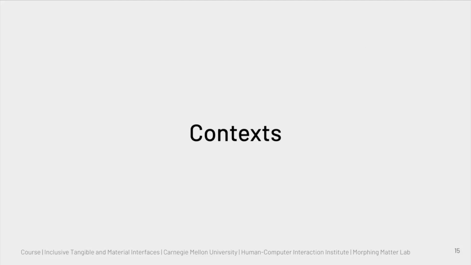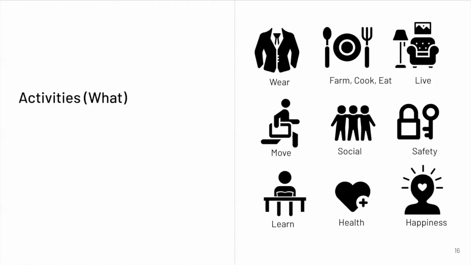And more about the context, this is related. When you think about a design that hopefully makes a difference in the world of inclusive design, you could also think about the activity where this morphing matter, for example, could contribute to better design. That could be things you wear.